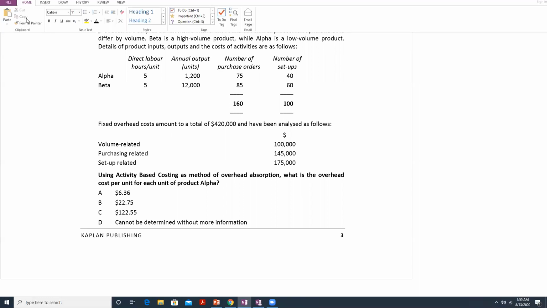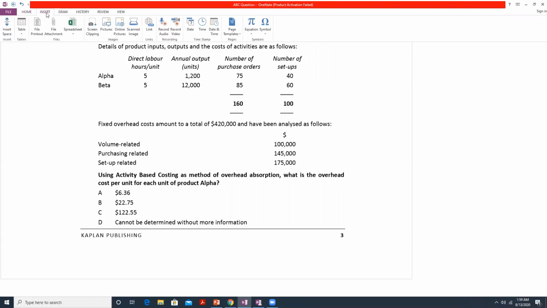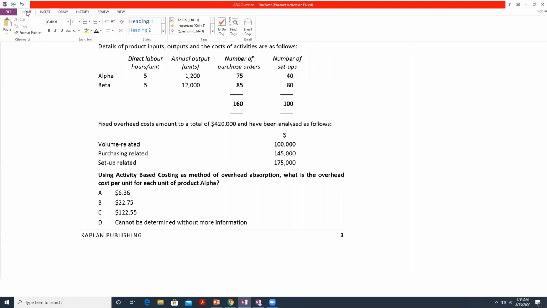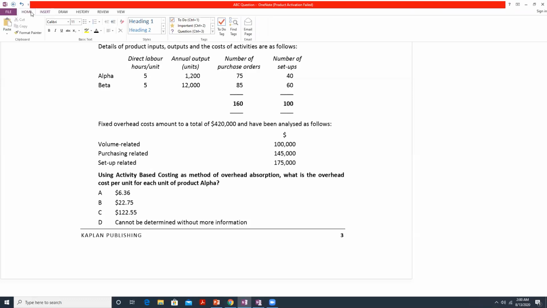What we need to do is allocate and absorb overheads, showing the allocation of overheads to these two products on the basis of ABC, and we are given the information required to calculate them.